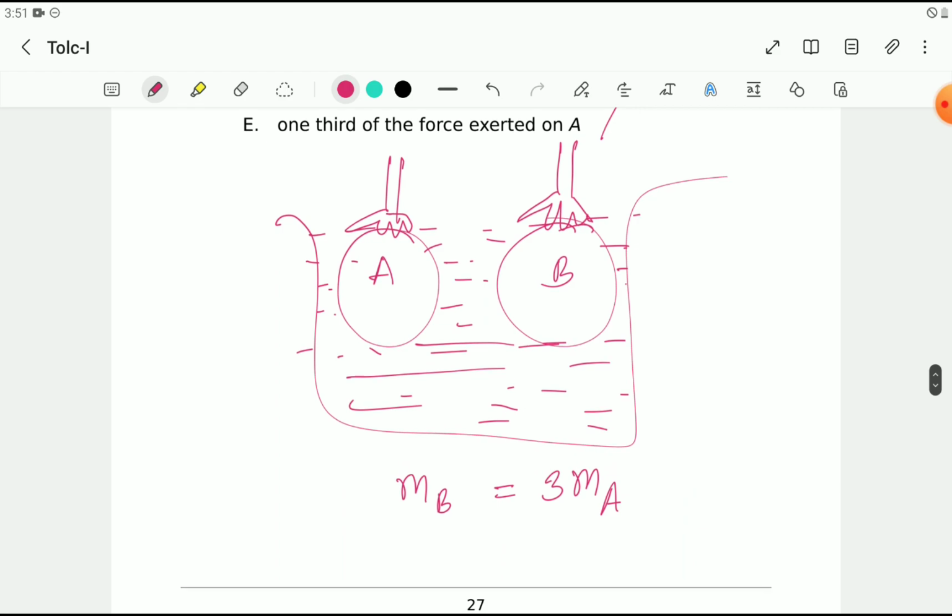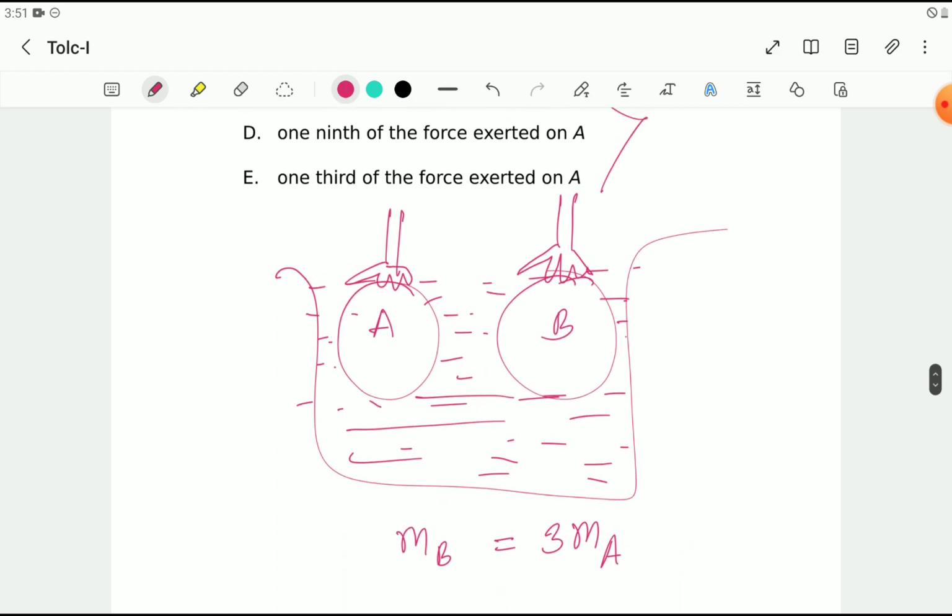So let's take a look at this picture. It's given that both bodies have the same volume.